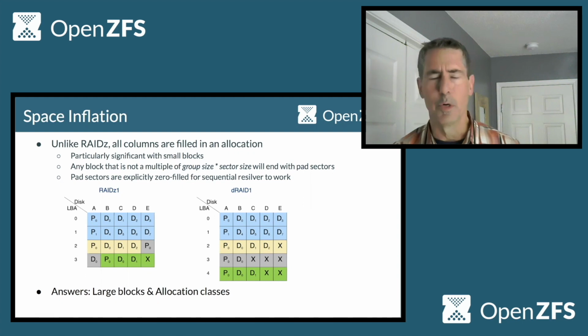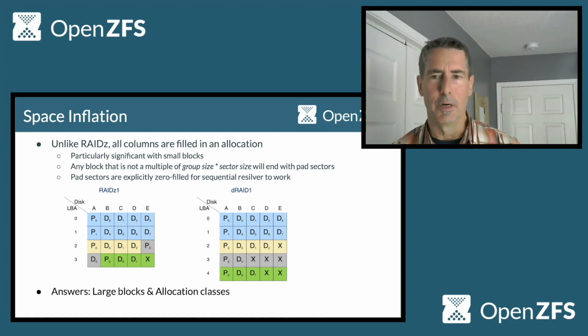But it gets worse with dRAID because we're doing entire rows, or entire group rows anyway. And so we now are potentially allocating or filling a number of sectors that are not part of the data itself. So this could be particularly significant if you're writing a lot of small block data.